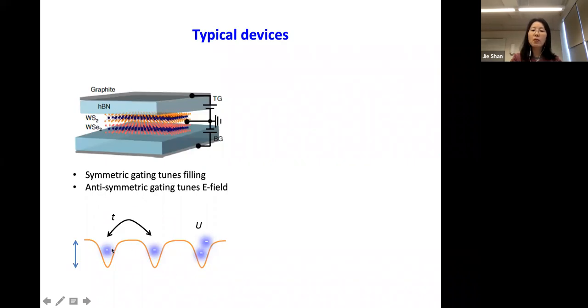So we have 1 particle per moire unit cell, I call the filling factor equal to 1. 2 particles per moire unit cell, I will call filling factor 2. Okay. So the two gates can control the filling factor and also can control the out-of-plane electrical field across this bilayer. And you will see this is useful for tuning the depth of this moire potential.